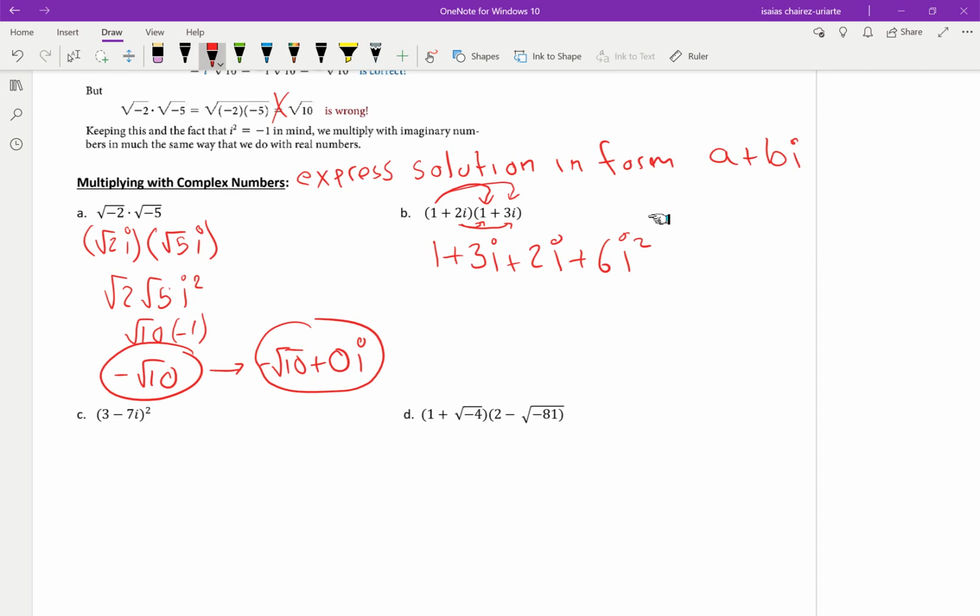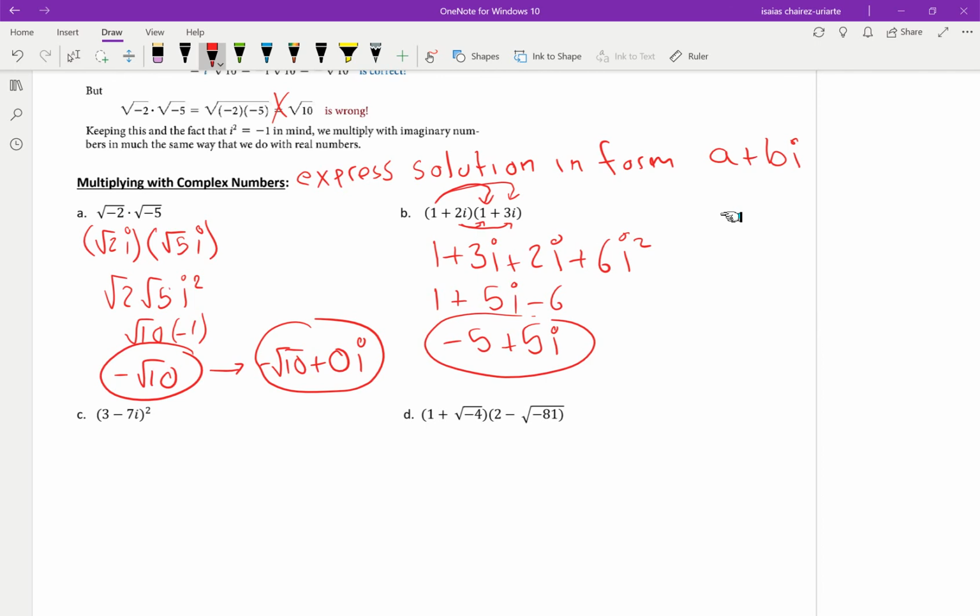So this becomes 1 plus 5i, and then minus 6. How did I get this minus 6? Well, you gotta remember that i squared is negative 1. So it's 6 times negative 1. Well, that's negative 6. And now I gotta collect like terms. 1 minus 6, that's negative 5, plus 5i. I would say that that is the simplified form of my second multiplication.